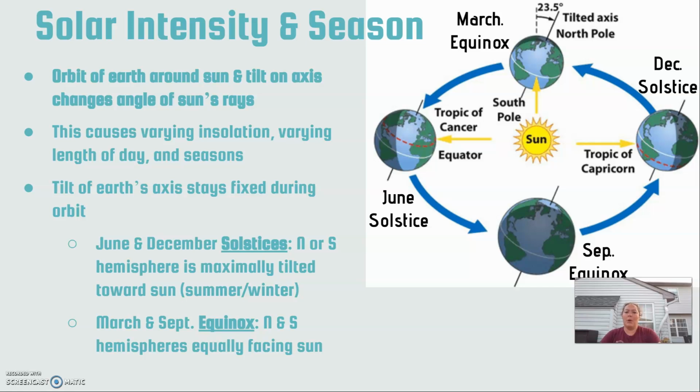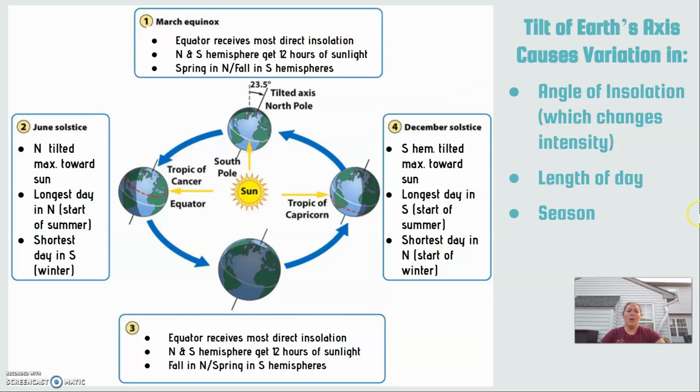In March and September, the northern and southern hemispheres are equally facing the sun. So you're having a different variety of solar intensity happening at those places. That tilt of the Earth's axis causes variation in the angle of insolation, which changes the intensity, which we just talked about, the length of day, and the season.